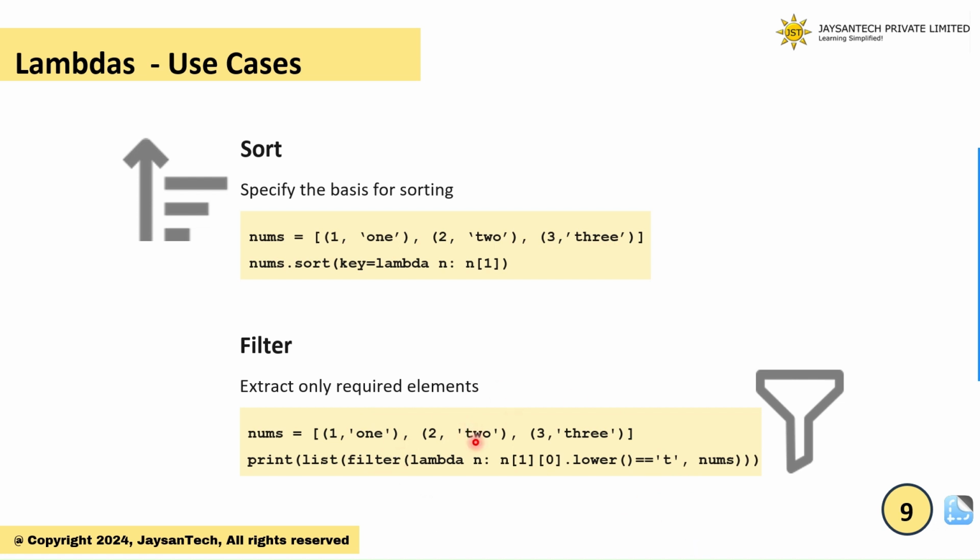I want only those elements. So I take n[1], which is the second element in the tuple, and when I say [0], it is the first character in that word. So only when it is equal to T, I want it to be returned.